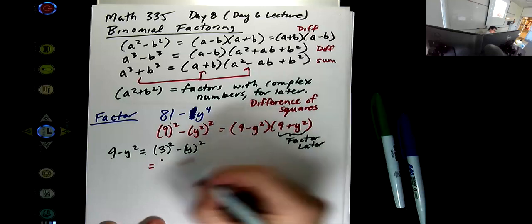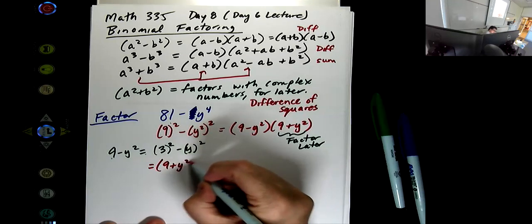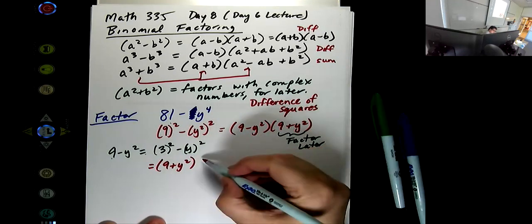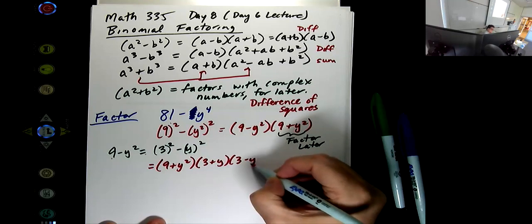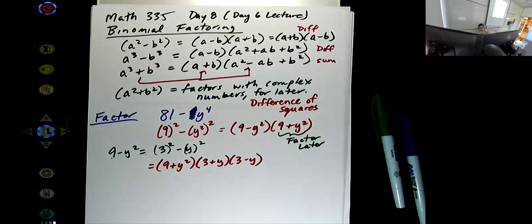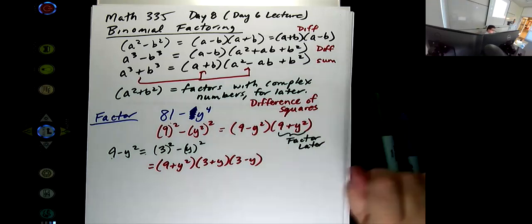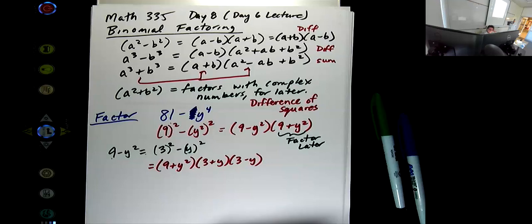So we have a 9 plus y squared, that doesn't factor yet. And the 9 minus y squared can turn into 3 plus y and 3 minus y. That's where it stops.